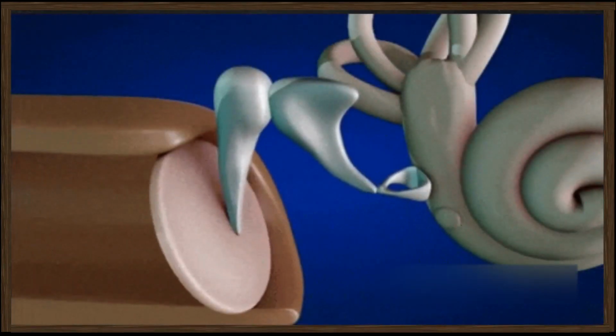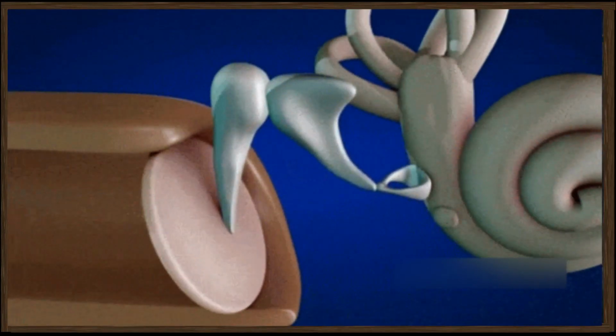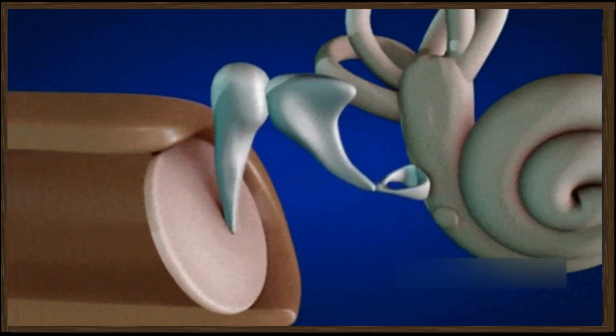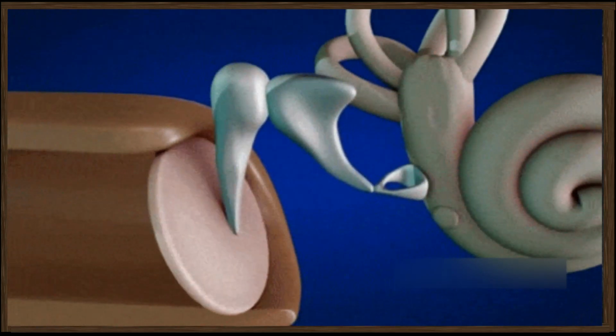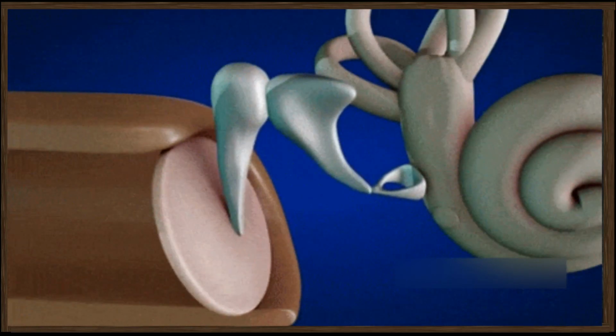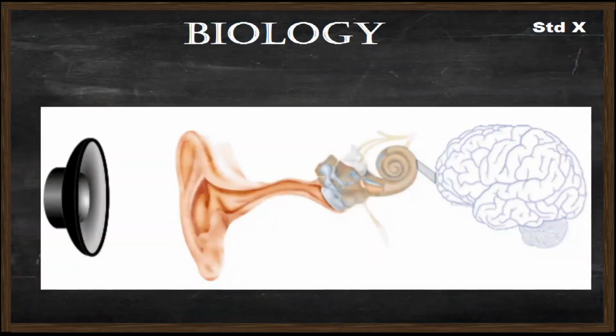So when the eardrum vibrates, that vibration is carried towards the ear ossicles. The ear ossicles amplify the sound waves and pass them to the last bone, that is the stapes, which is in close contact with the oval window. From the oval window, the sound waves are transmitted to the fluid inside the cochlea.